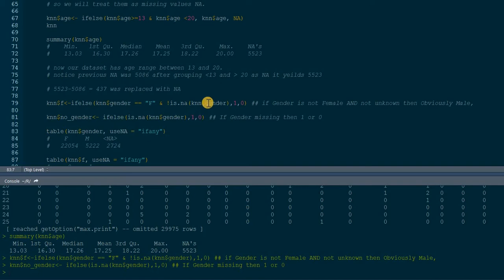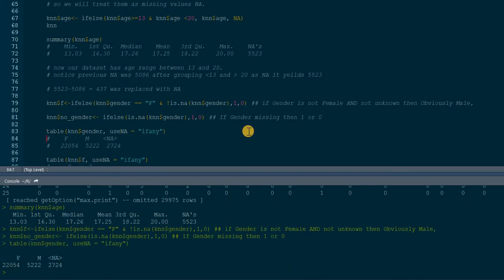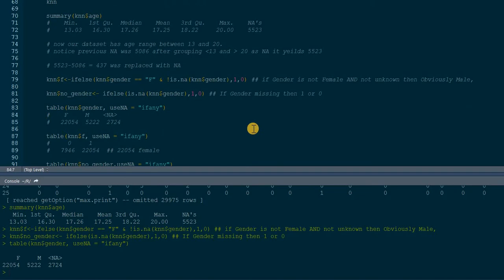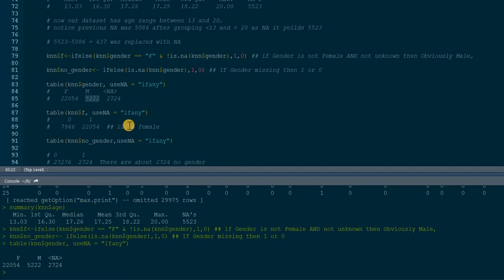And again, if gender is missing, then 1 or 0. So you can see now we've got about 22,000 males and about 5,000 females.